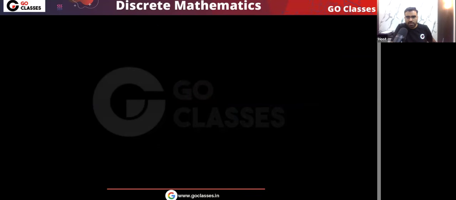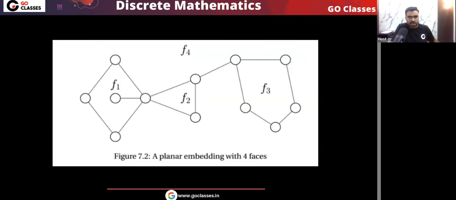Okay, now a very interesting question I'm asking. You tell me the answer. If I delete an acyclic edge from this graph, then how will the number of components and number of faces be affected? At this moment, what are the values? Can you tell me the number of vertices here? You can see 1, 2, 3, 4, 5, 6, 7, 8, 9, 10, 11, 12.